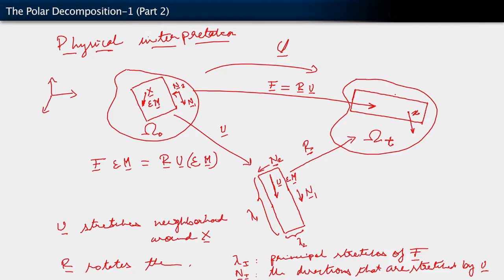I should probably indicate that in the final picture we have epsilon m, which is U epsilon m, which has also been rotated now. So now this is R U epsilon m. We'll stop here for this segment.